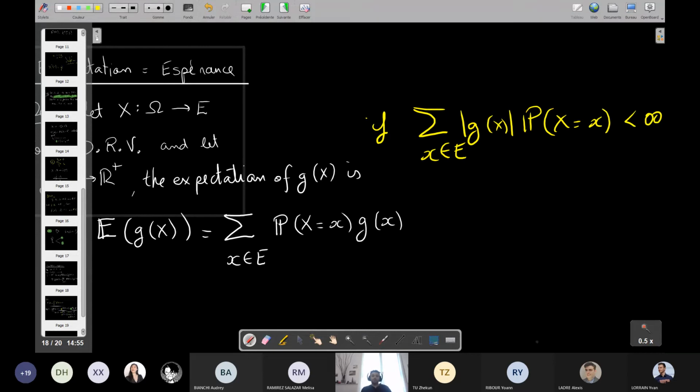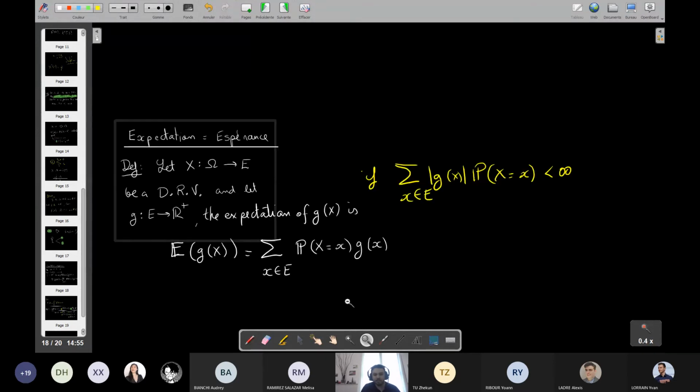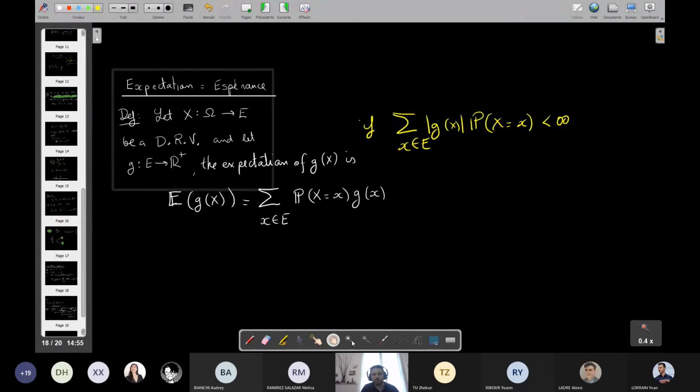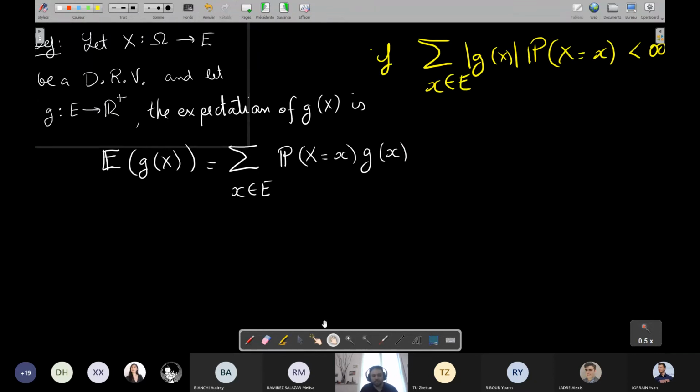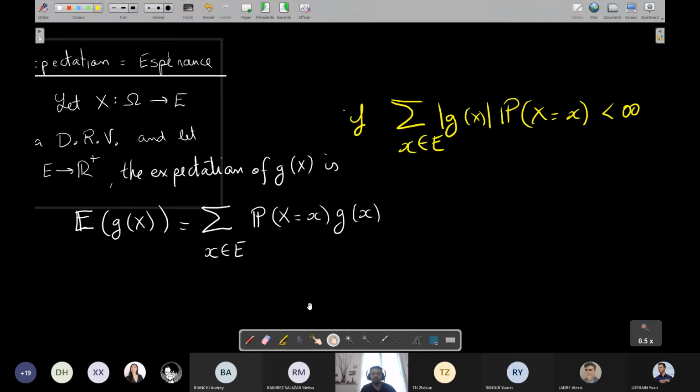I don't know if you remember when you were in first or second year, you saw in math something called uniform convergence and simple convergence. And for uniform convergence, you have this absolute value. So this condition here is an integrability condition that says that g has to be quite small.